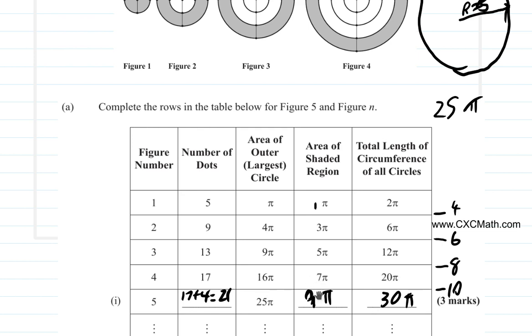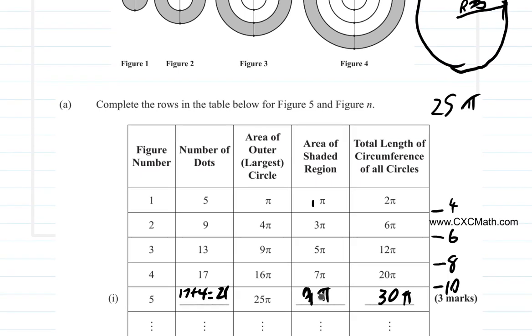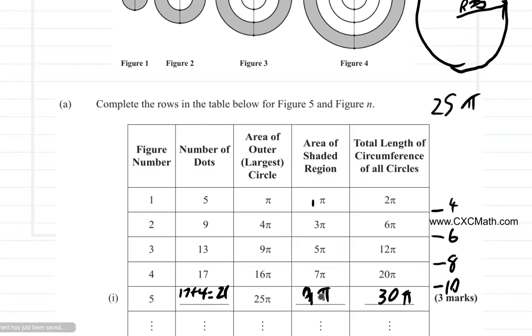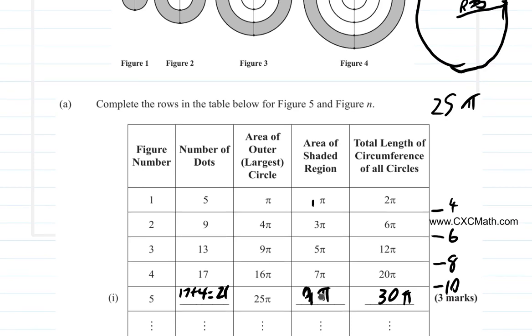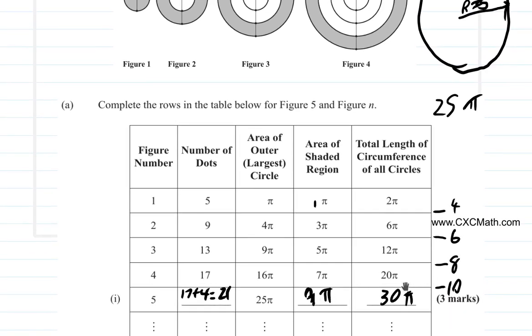Alright? And you have 9 pi here. That's the area of the shaded region. This is showing you the difference between the biggest and then the next biggest circle. And then the total length of circumference of all the circles.